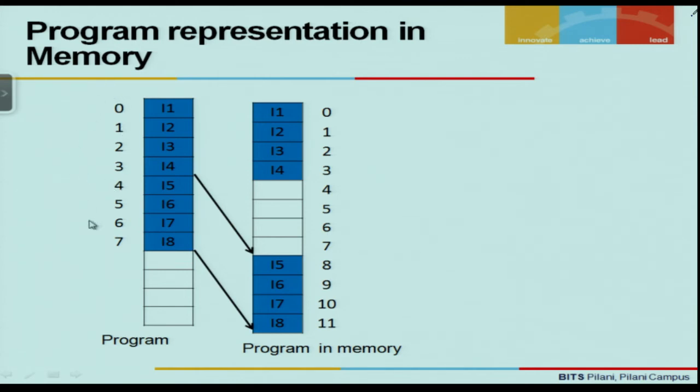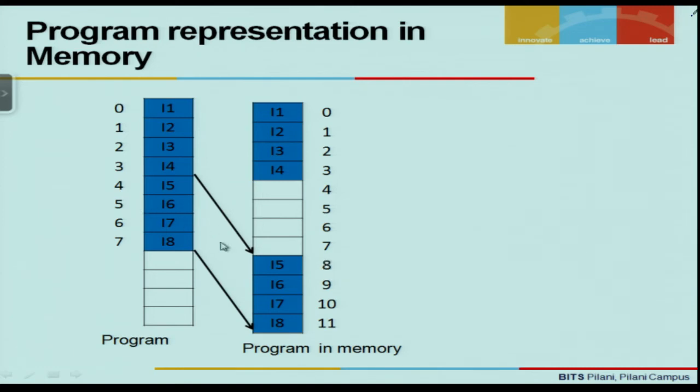So this address we call a logical address, and after loading the page into memory, the address where it is loaded we call a physical address. One can very clearly see that one would require a logical to physical address mapping. If one needs to look at the content of address 4, then one needs to go to physical memory location 8.